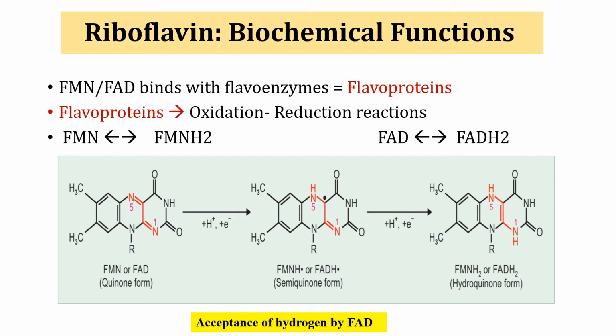Here in this image you can see that FMN or FAD, by accepting one electron and one hydrogen, form this semiquinone form, and they can accept two electrons to form hydroquinone form, FMNH2 or FADH2. This is a reversible reaction, means FMNH2 can be converted into FMN, FADH2 can be converted into FAD. So by this reaction they take part in various hydroxylation reactions, oxidative decarboxylation reactions, deoxygenation or reduction of oxygen to hydrogen peroxide.